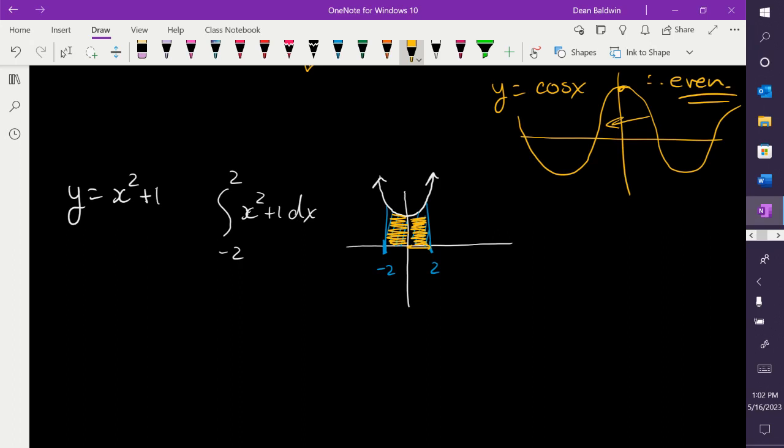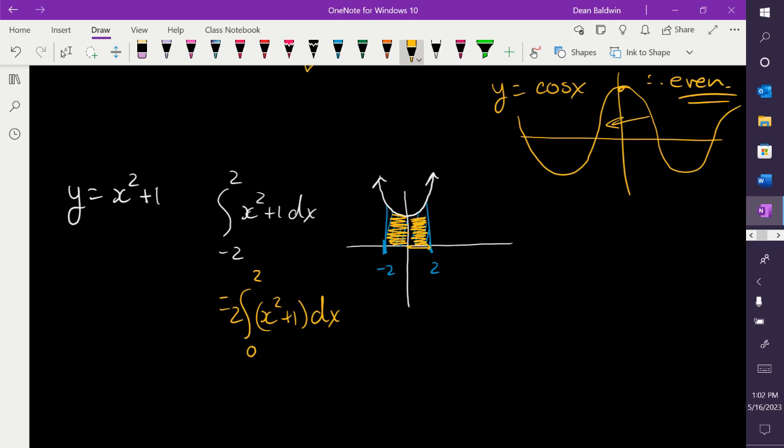Well, that means I can rewrite this integral as the integral from 0 to 2 of x squared plus 1 dx, as long as I multiply it by 2. Why is that a good thing? It's easier. When you put 0 into something, everything just disappears. We've done enough definite integrals that we've seen when 0 is in there, it makes it nice and clean.